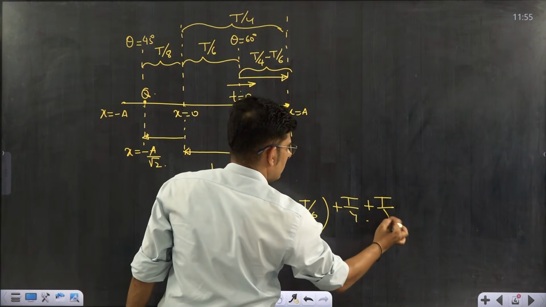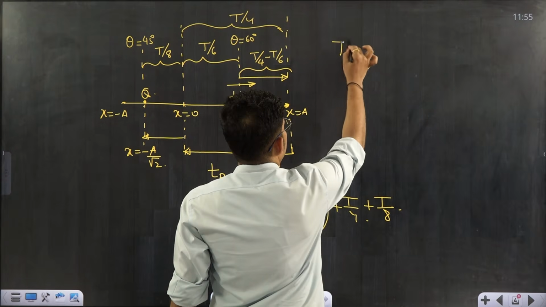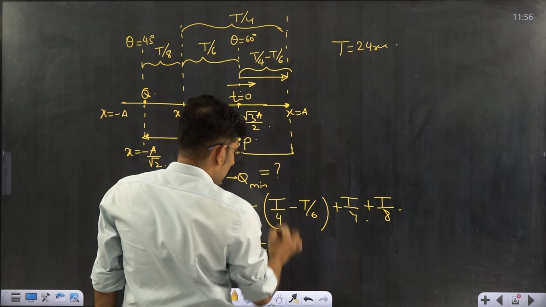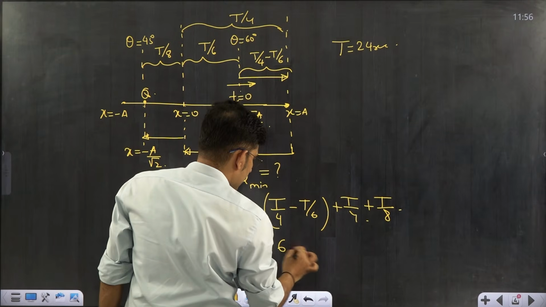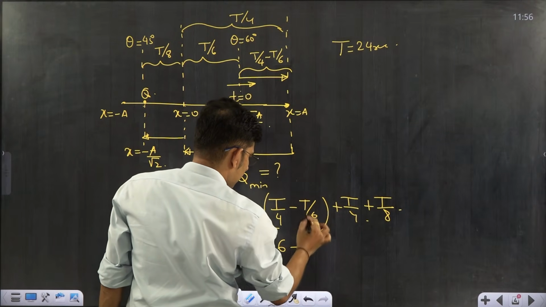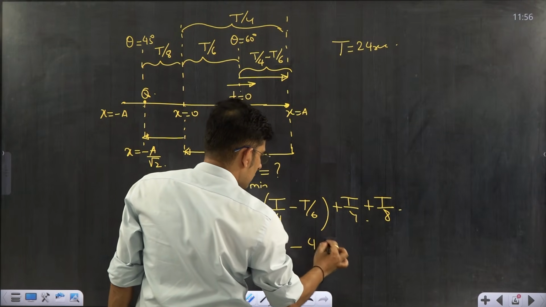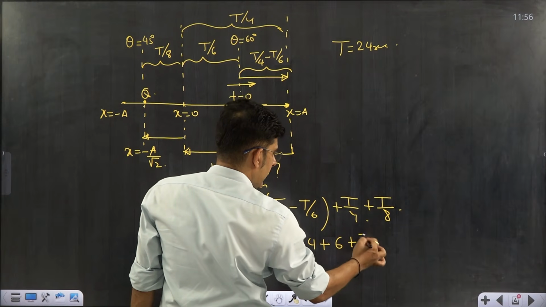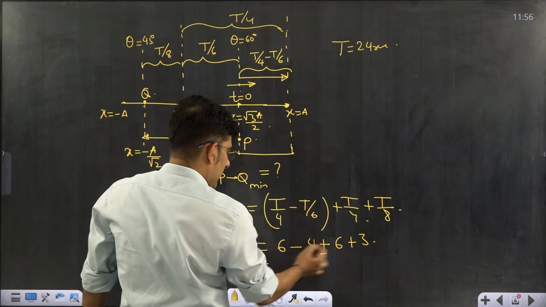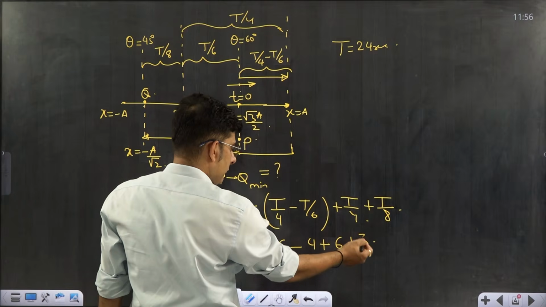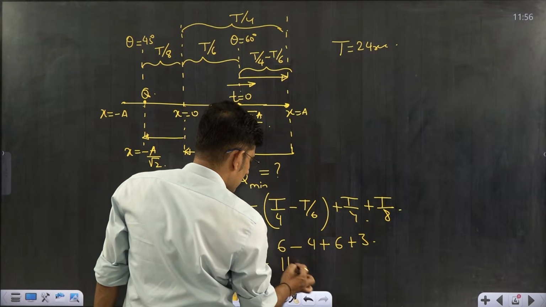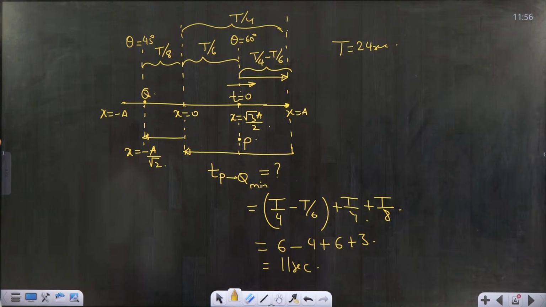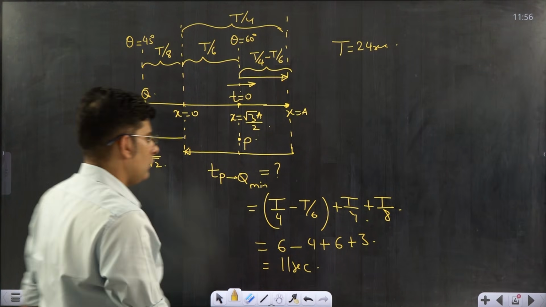That's it. Suppose in the question they have given the time period as 24 seconds. So now we can solve this. 24 by 4 is 6. 24 by 6 is 4. 24 by 4 is 6. 24 by 8 is 3. So 6, 6, 12, 3, 15, minus 4, 11 seconds. See, this way we can find the time. Clear?